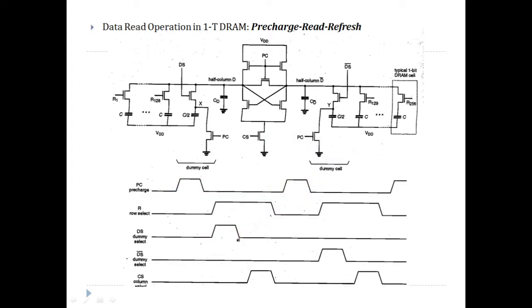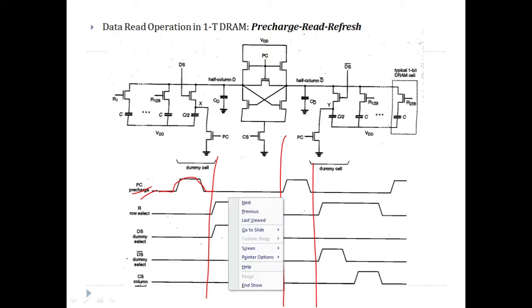So in the refresh operation, the first phase is pre-charge. During pre-charge you can see none of the signals goes high or low, right? So during pre-charge, only the pre-charge operation is carried out, no other signal goes high. This is one thing worth remembering.